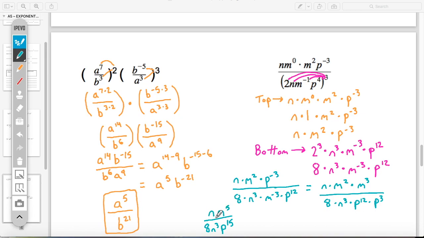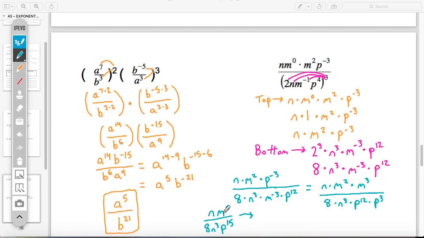So we have an n in the numerator and an n cubed in the denominator. So what are we going to do? Okay, so we know that this is n to the first power, and down here we have n cubed. So according to the quotient rule, we would say n to the 1 minus 3.